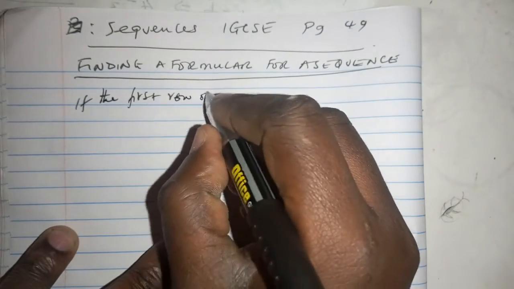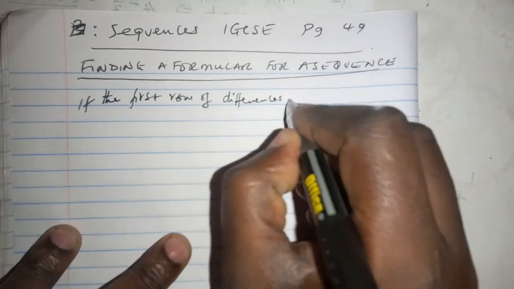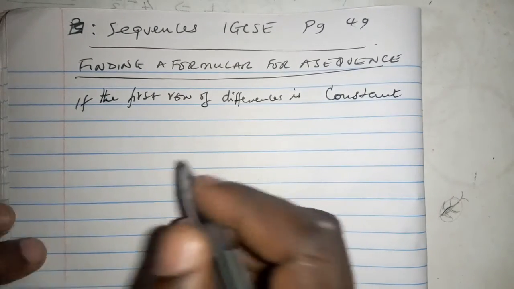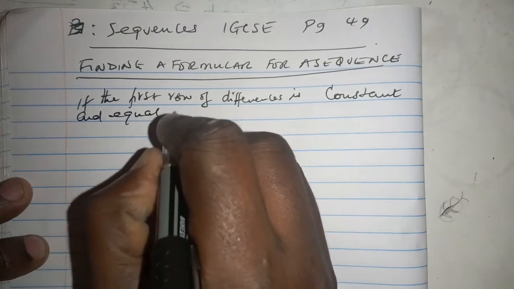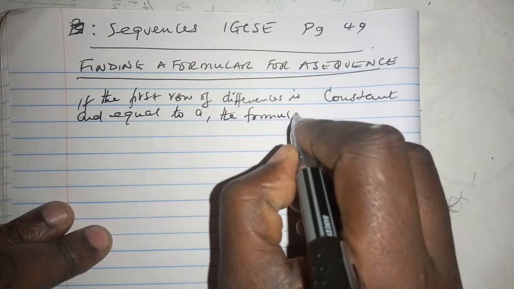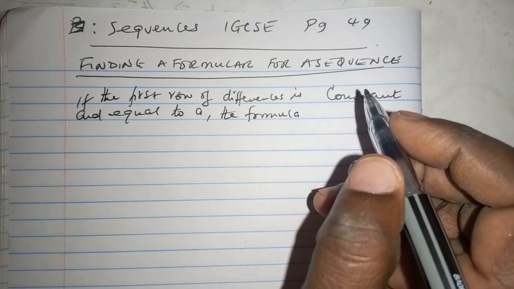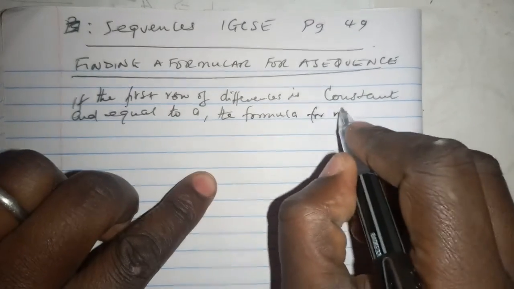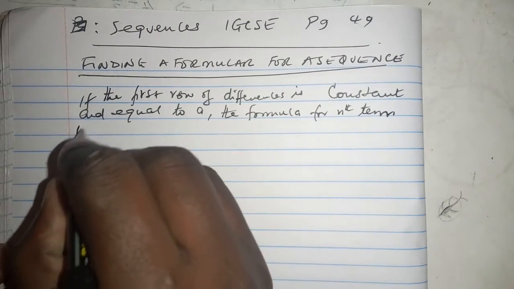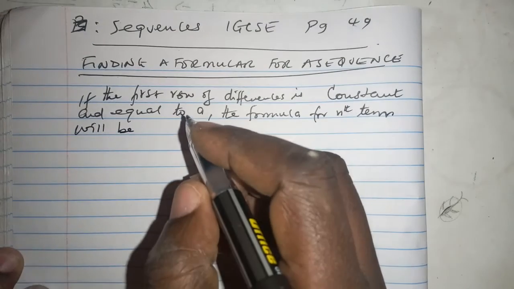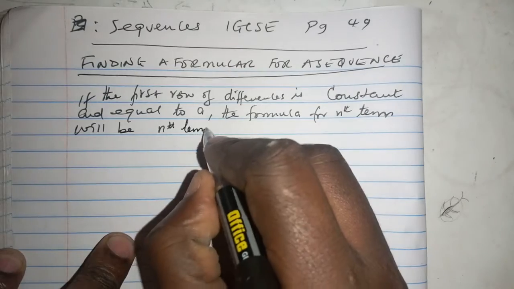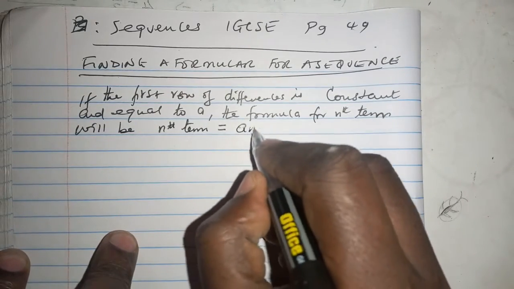If the first row of differences is constant and equal to A, then the formula for the nth term is a_n = An + b.